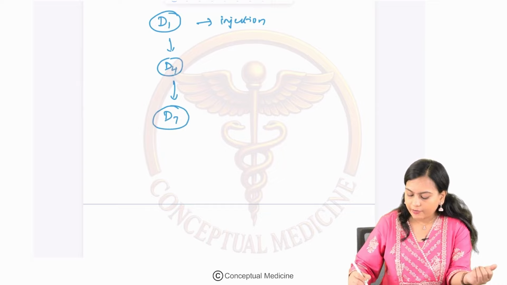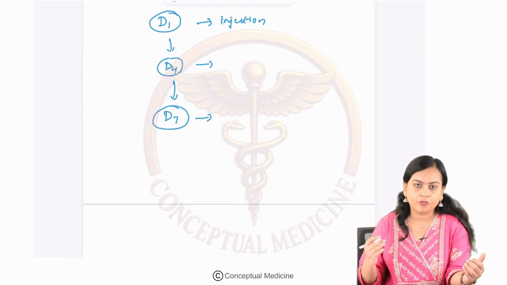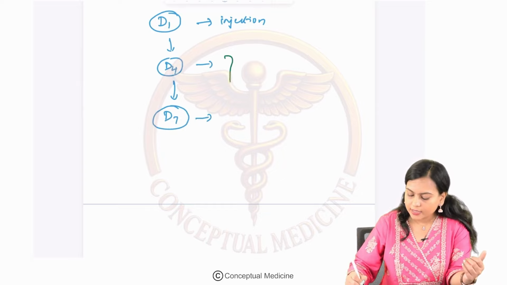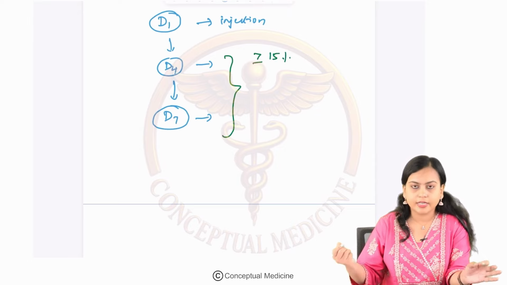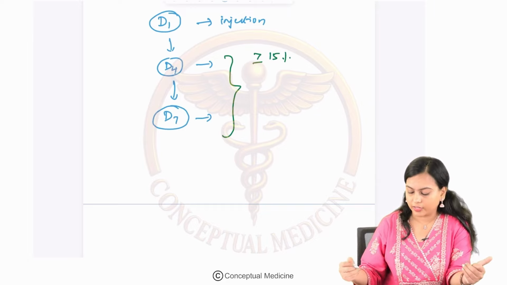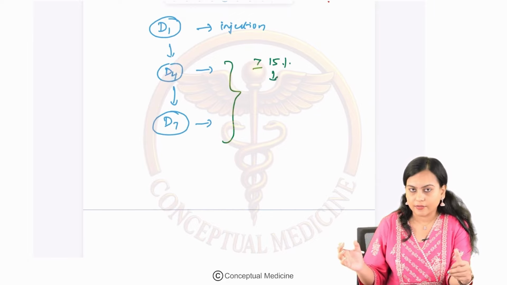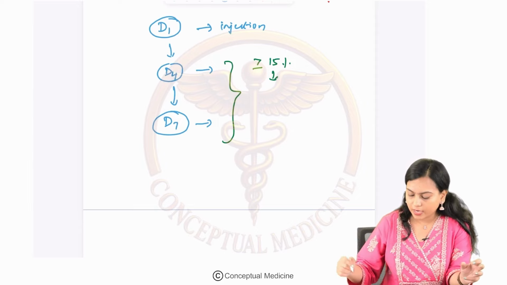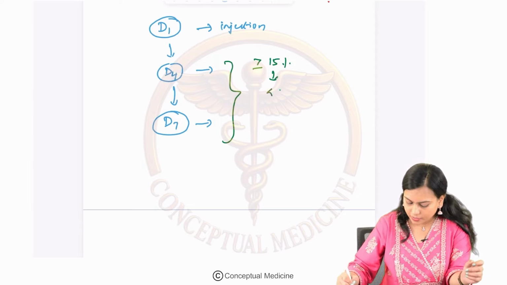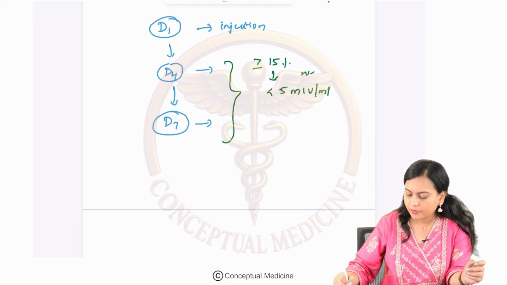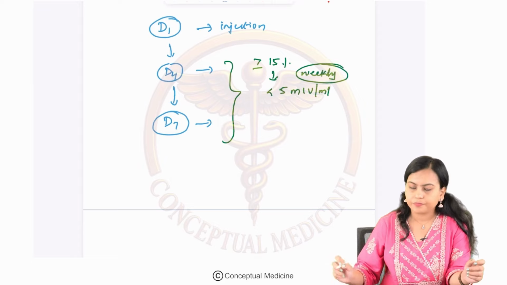Now, I will see the difference between day 4 and day 7. Suppose there is more than 15% decrease in the levels. What we will be doing is, we will be repeating the serum beta-HCG levels weekly, until it becomes less than 5 milli international units per ml.